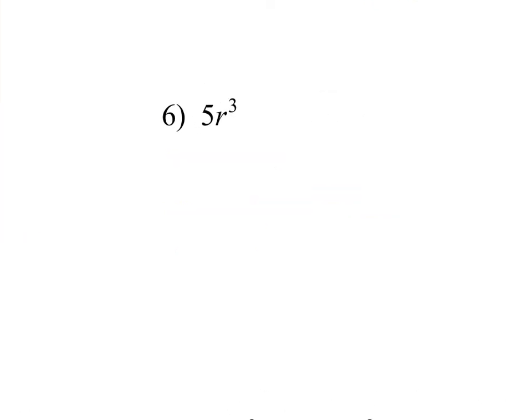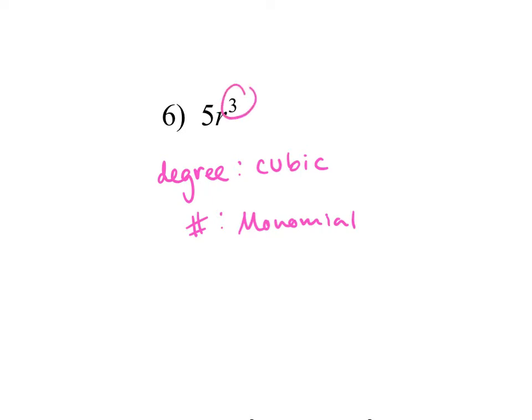All right, number 6. Only 1 term, so it's already in standard form. How do we classify this by degree? It's a monomial because there's only 1 term, and it's cubic because our highest degree is 3. All right, 2 more.